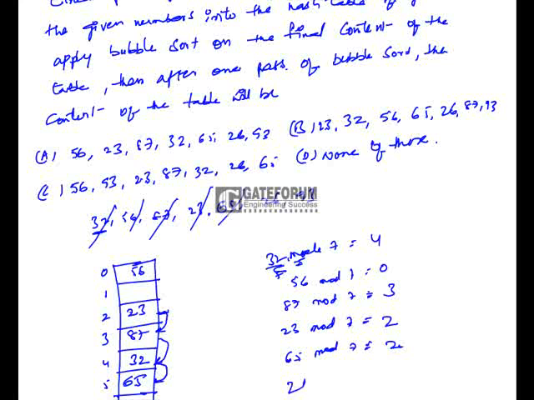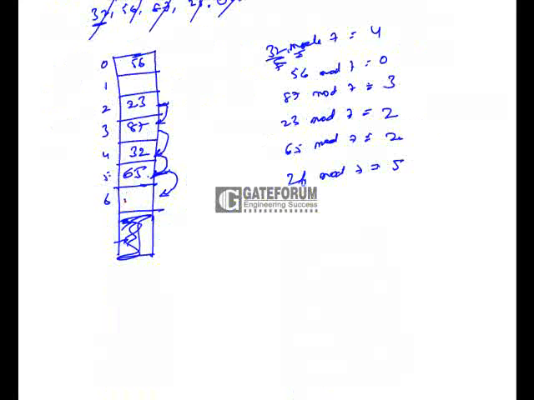After 65 we insert 26. 26 mod 7 is nothing but 5. Position 5 is already filled, so it is a collision, and it will be placed at position 6. So 26 is placed at position 6.